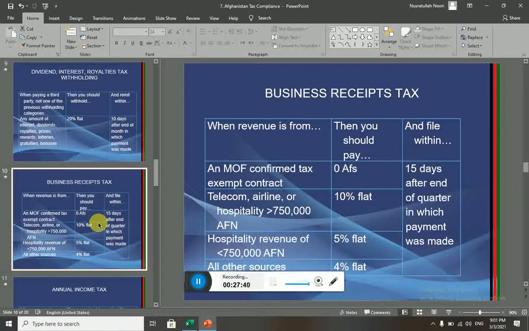Also, while reporting expenses, we remit the withholding tax and also report to the Ministry of Finance or the tax office. And on a quarterly basis, we report our revenue and also pay the gross receipt tax or business receipt tax.